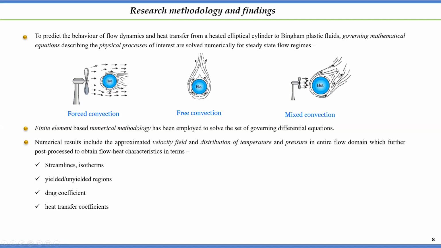So we can also analyze the drag coefficient for these phenomena. And finally, heat transfer coefficients are always of interest to engineers because they want to make their processes very efficient. So this is the overall methodology, but for people who are not aware of this numerical methodology, let me briefly describe what it is.